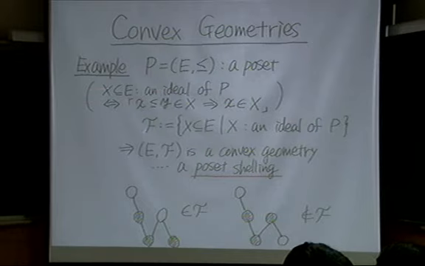And let F be the set of all ideals of the poset. Then the pair E, F is a convex geometry, and this is called poset shelling.